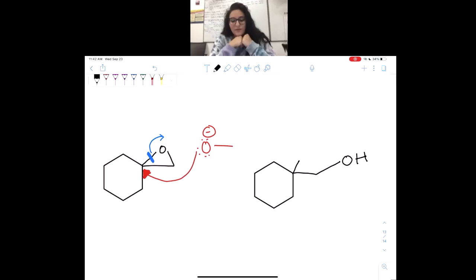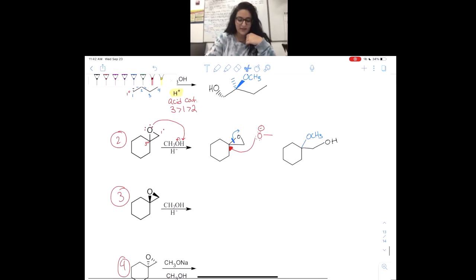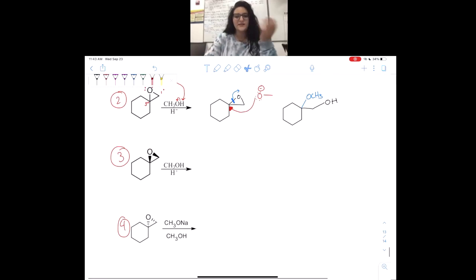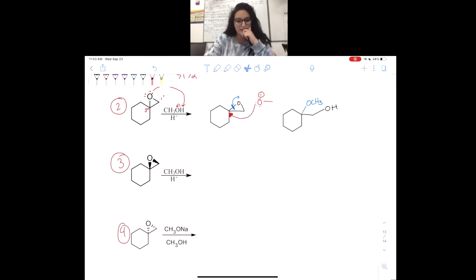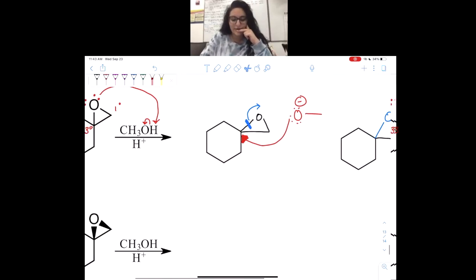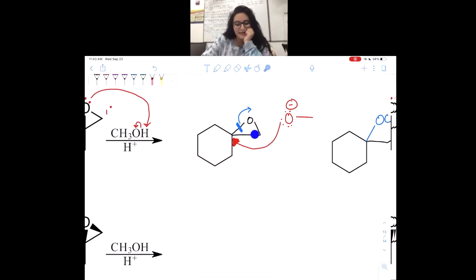I have a question. Why did it break there and not like the other place? Do you mean this one that I'm highlighting, or this? No, like the blue, where you showed where it was going to break. Okay, so it would break this way because we have an acid catalyst right here, and so that chooses tertiary over primary.